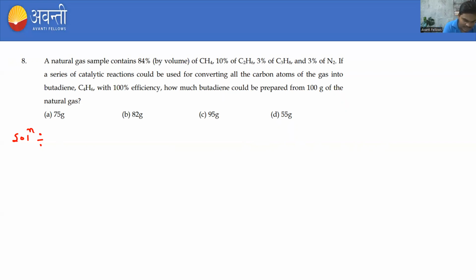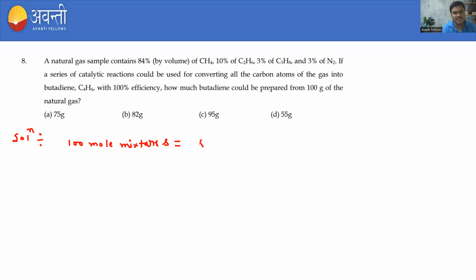So let's see how you will find this value. We all know that the volume present of a gas in a mixture is the same as the mole present, so always remember this. So take a 100 mole mixture. What do we mean by this?